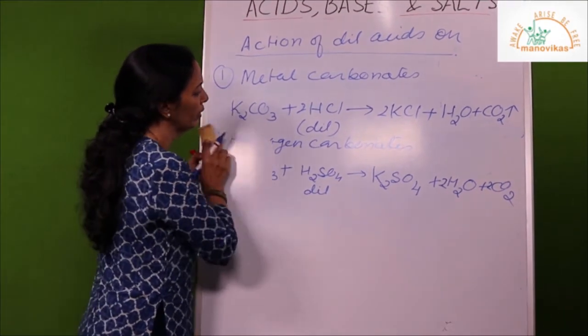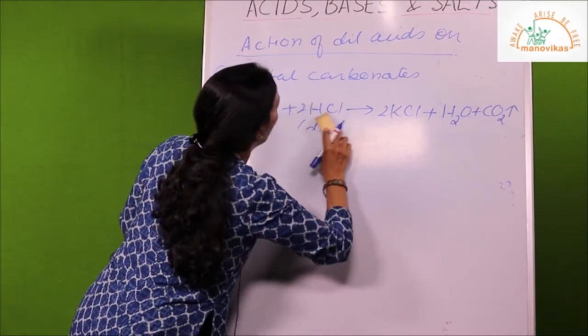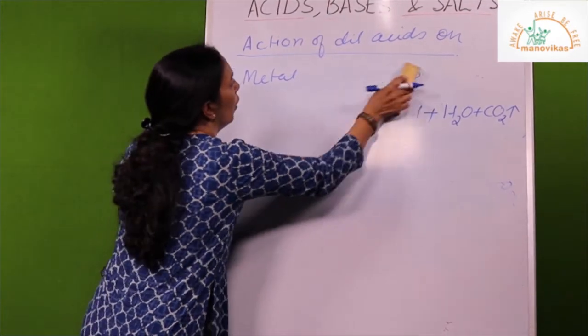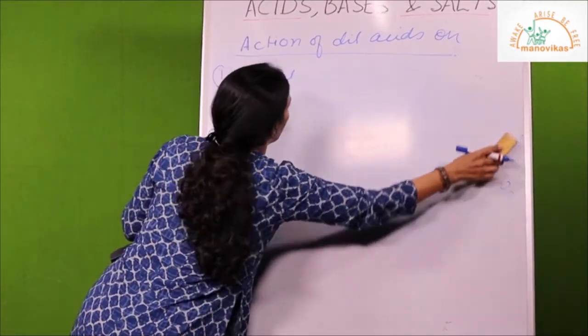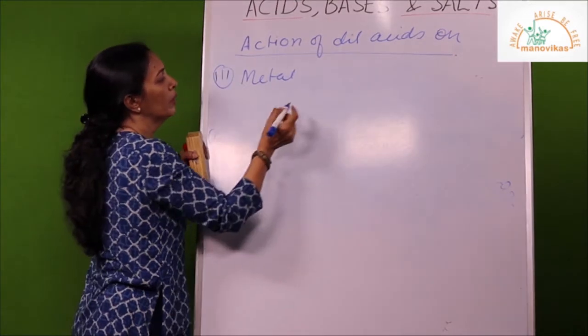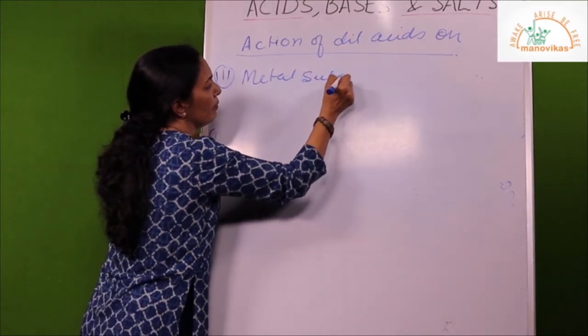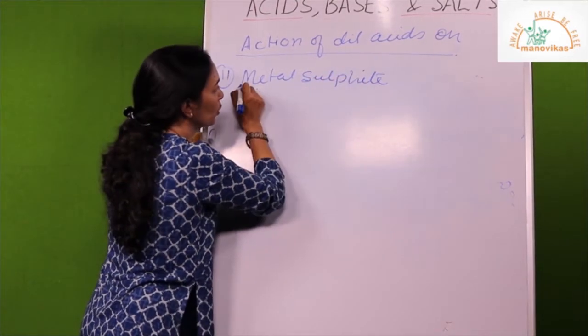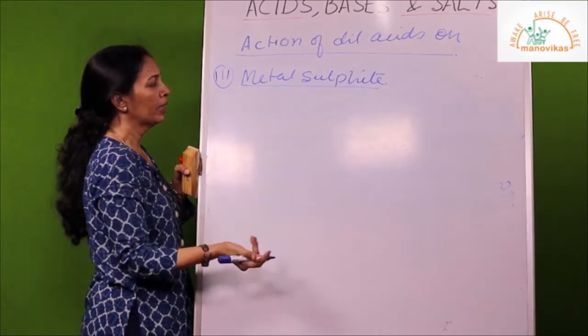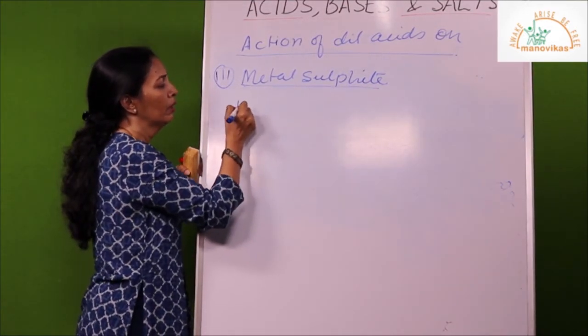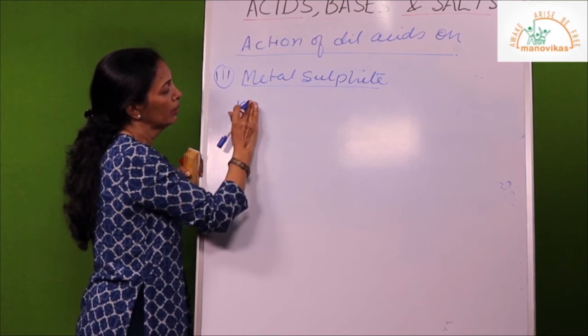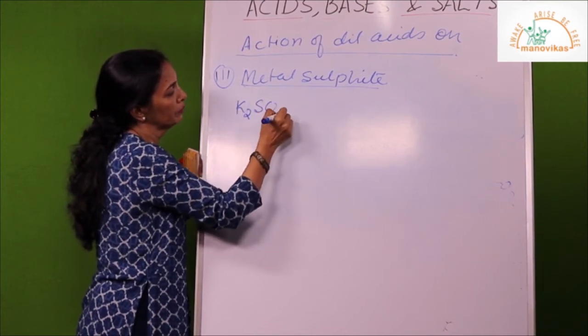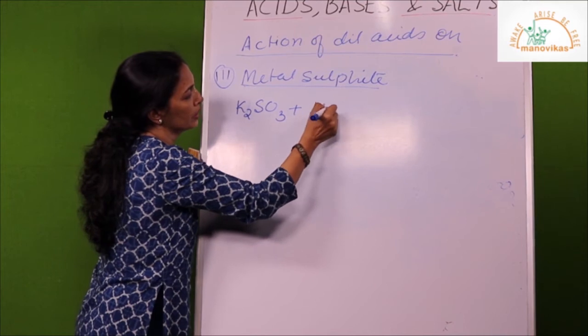Now the third one is action of dilute acids on metal sulfites. Third, metal sulfite. Sulfite means SO3. Metal sulfite, you can take K2SO3 plus HCl.